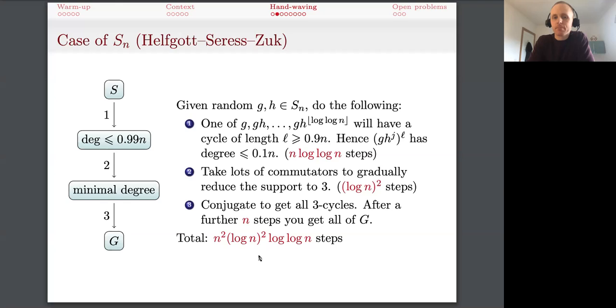Can you get below n squared? Yes, the absolute minimum would be n log n, that's log the size of the group. But here it is for random generators, right? For the worst case you need n squared, but for random it could be n log n, probably. That's right. Depending on your beliefs.